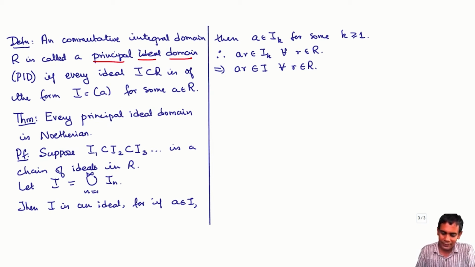But I is an ideal in R, and every ideal in R is principal. So I itself is generated by some element, let's call it a0.